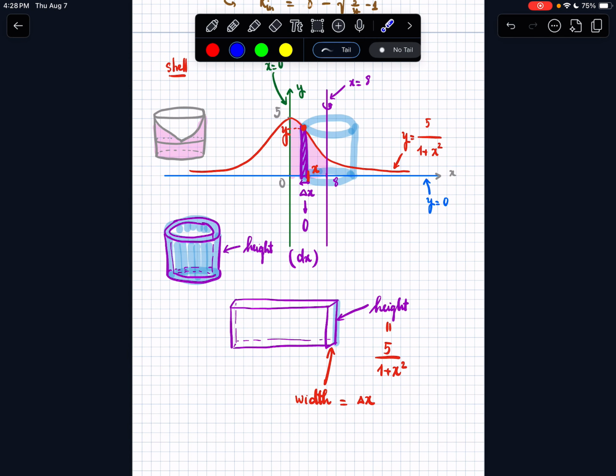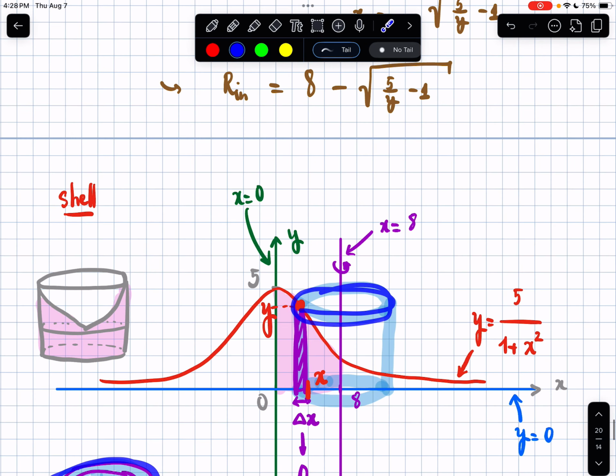Then we have the length of this shell, which is the circumference of this circle. This circle has radius 8 minus x.